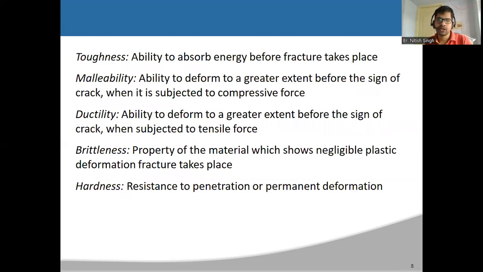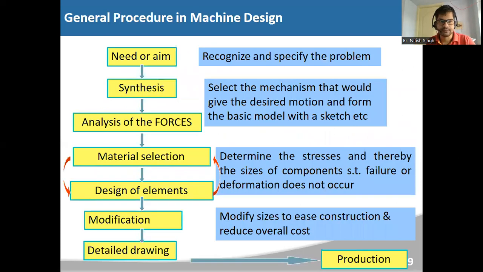In technical language: toughness, malleability, ductility, brittleness, and hardness. According to these, we can ensure my product is good and determine the life of the product.